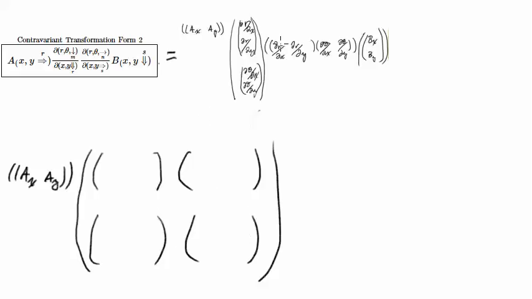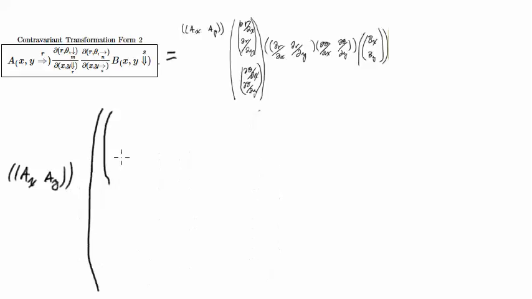It'll be del r del x del r del x. I'll just write that as del r del x quantity squared. I wrote this way too small. And then del r del x del r del y will be del r squared del x del y.